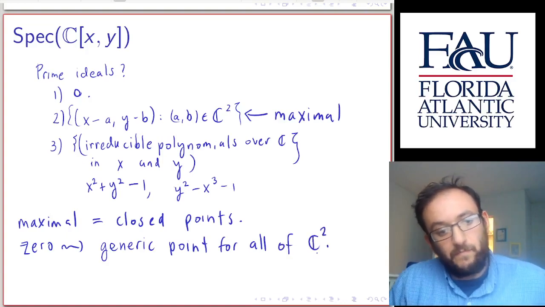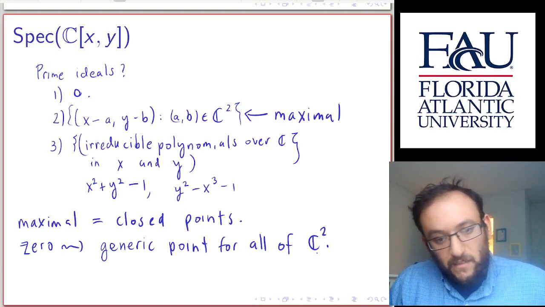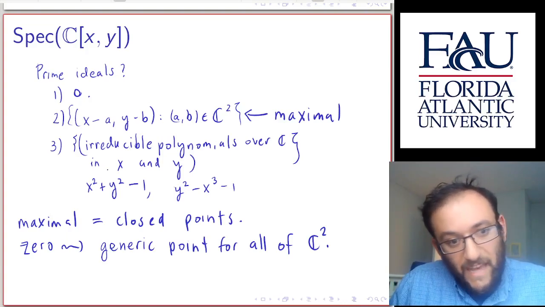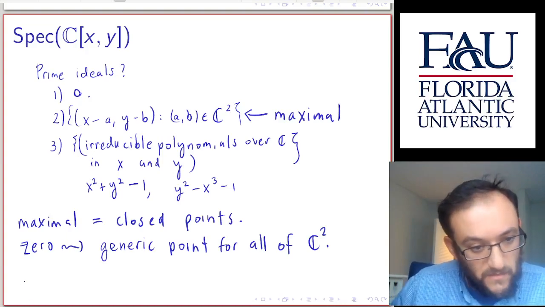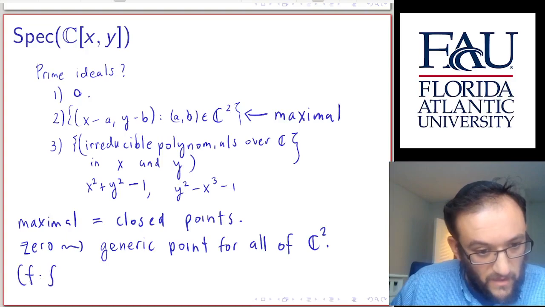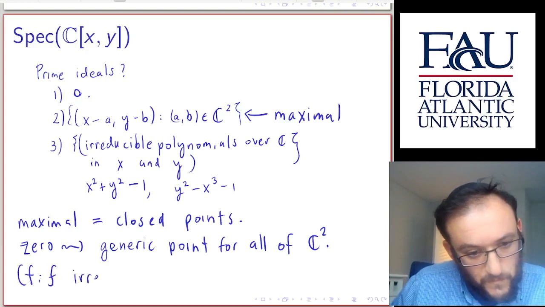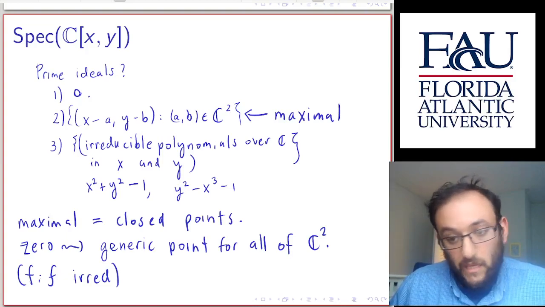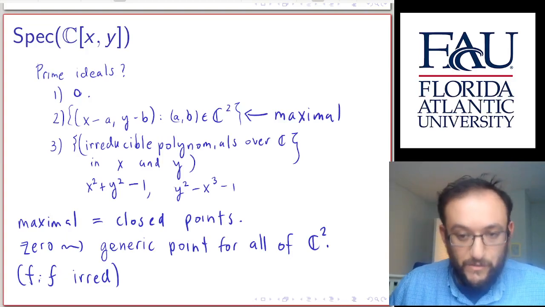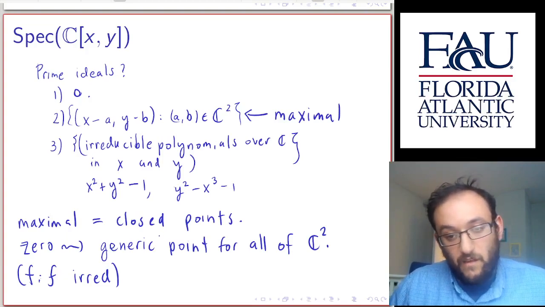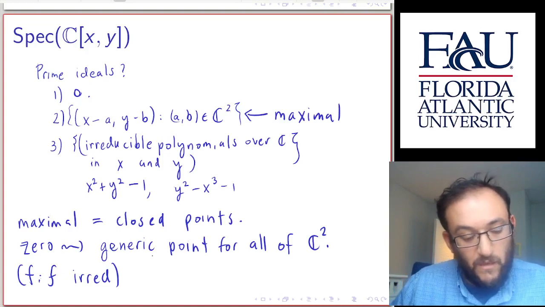Right, because every prime ideal is going to be in the closure of this point. As for the irreducible polynomials, if you take just the ideal generated by f irreducible, assuming this is a non-constant polynomial, this is going to describe a non-empty set of points where f evaluates to 0.